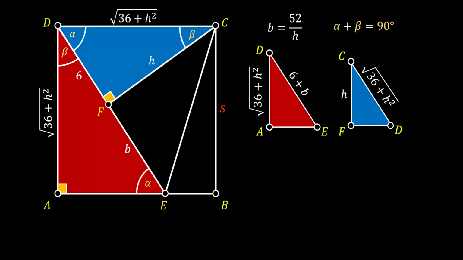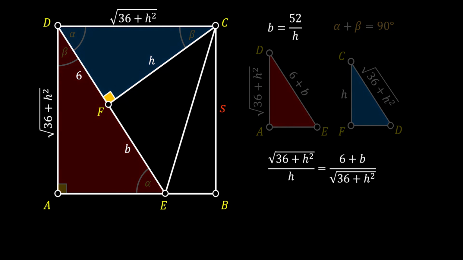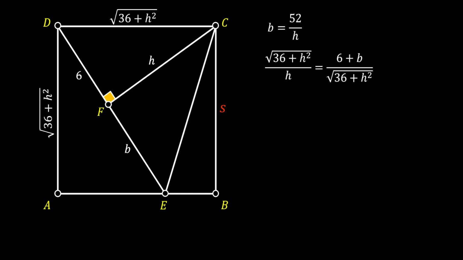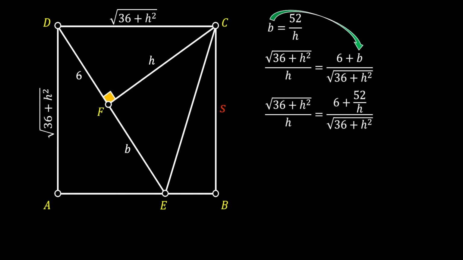Now we will use the rule of similarity on those two triangles, and we can say that the relation between their heights must be equal to the relation between their hypotenuses. And we're going to use this equation. But before we do that, we will just implement the value of b into our equation. In this way, we will only have one unknown value, h.